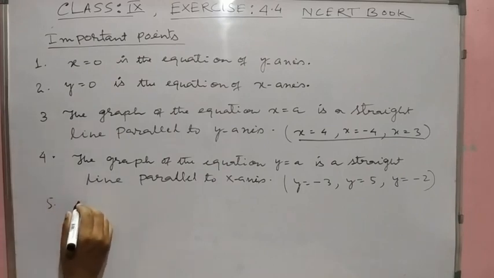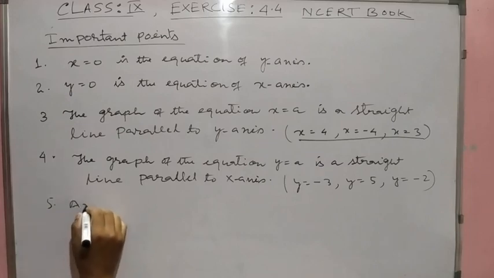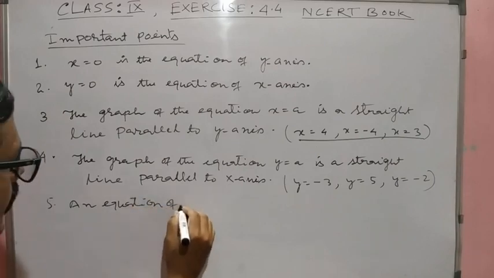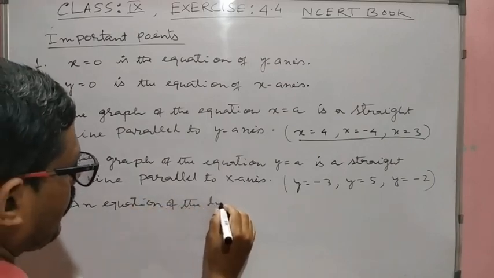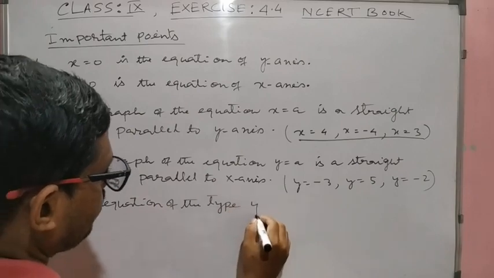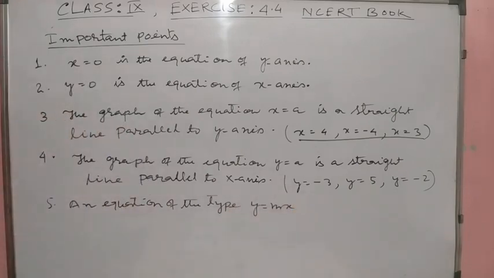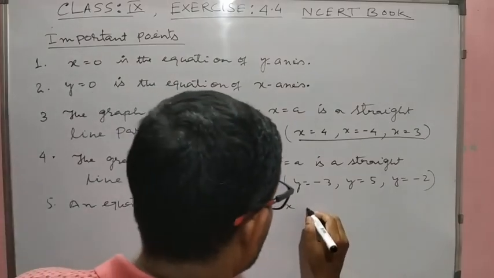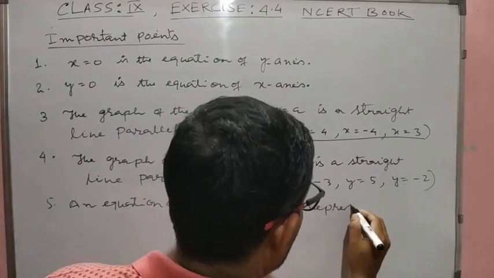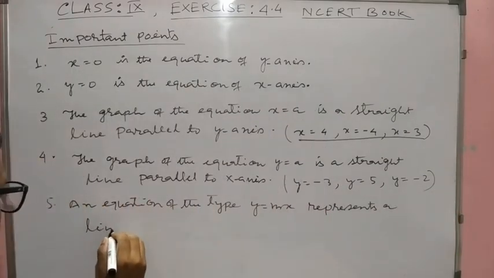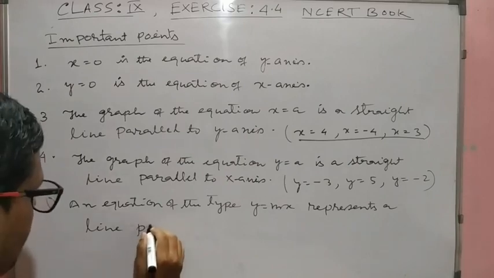Number 5, an equation of the type y equal to mx represents a line passing through the origin.